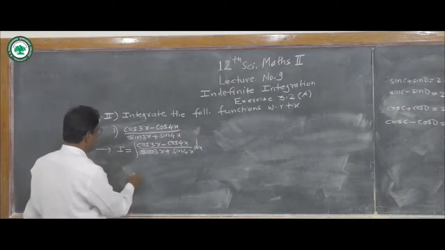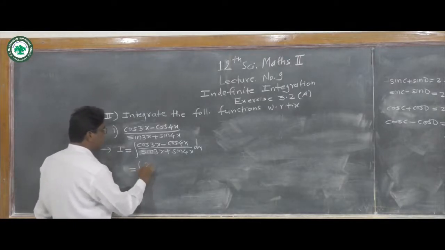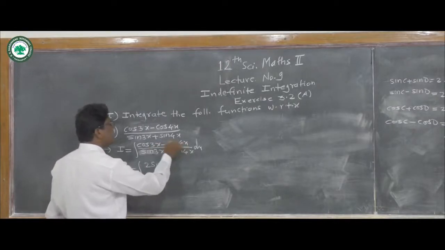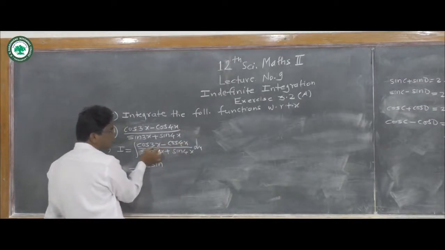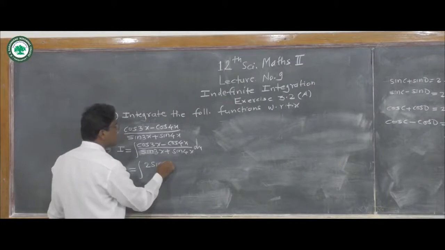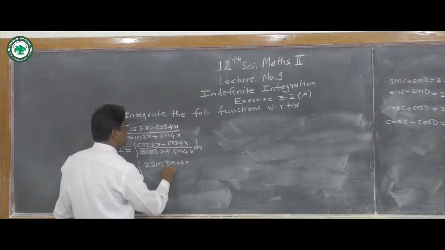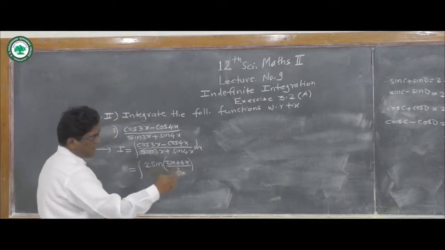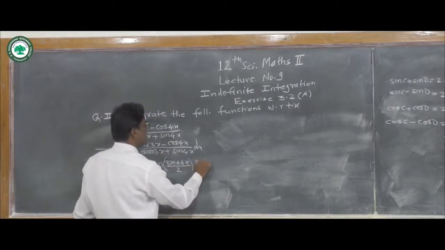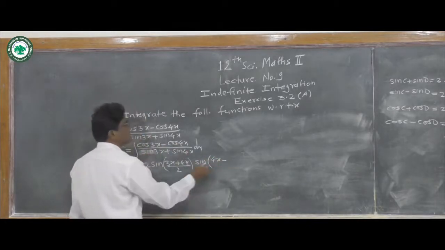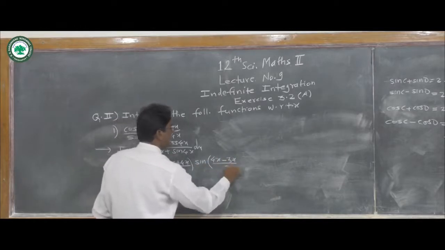divided by 2. So here it is equal to 2 times sin of, c means 3x and d means 4x. So c plus d, we can take directly 3x plus 4x, that is 7x, or we may write 3x plus 4x divided by 2 into sin of d minus c upon 2. So sin of d minus c, d is 4x and c is 3x, divided by 2.